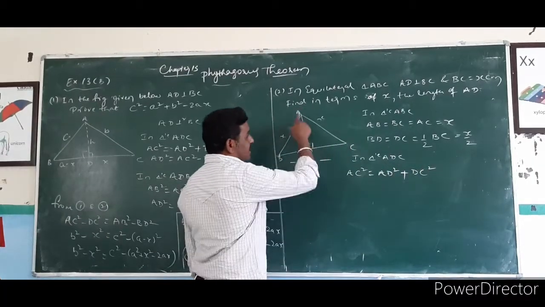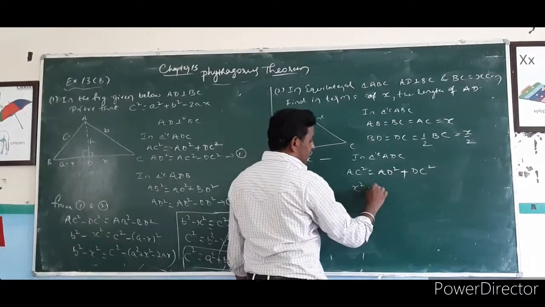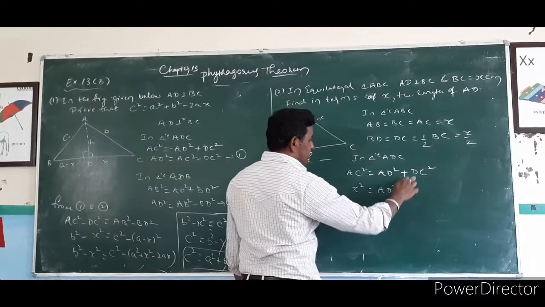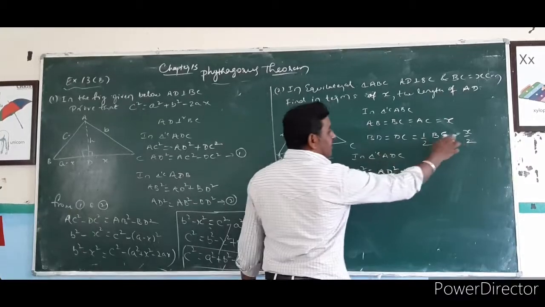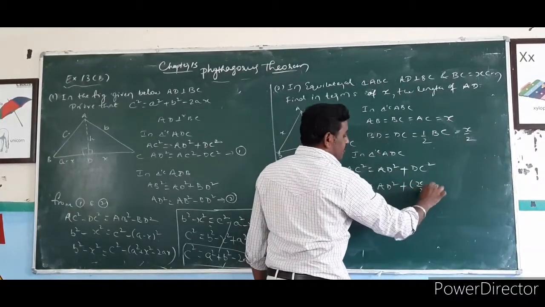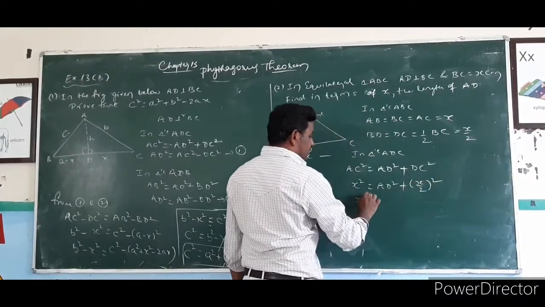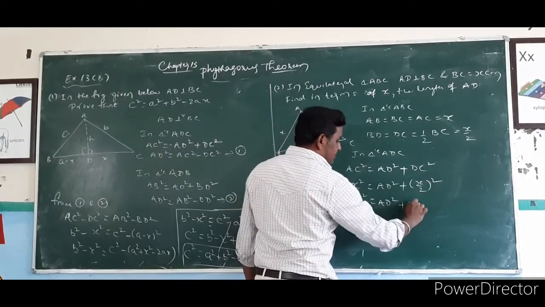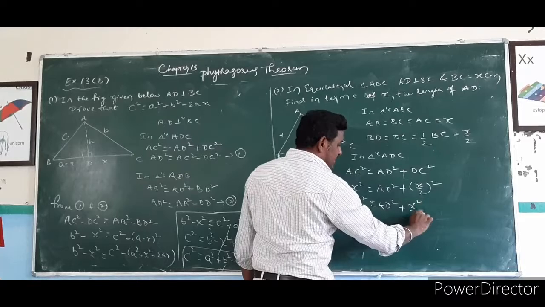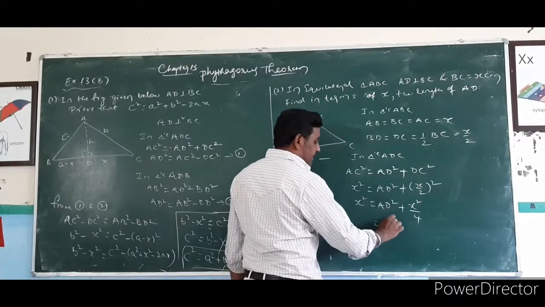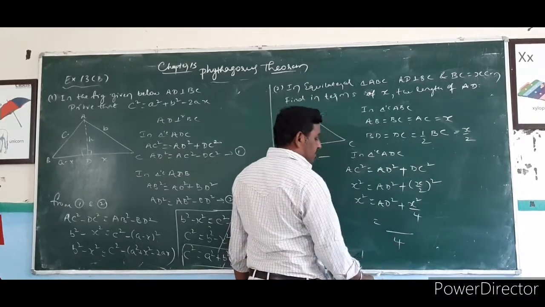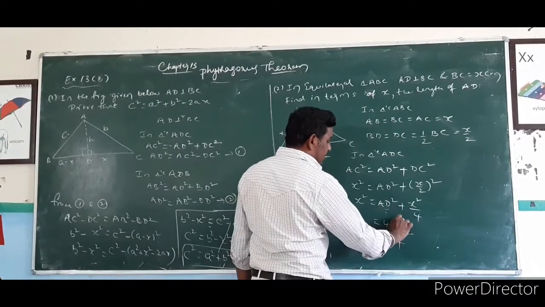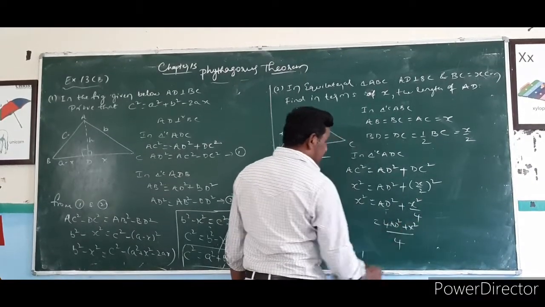AC is x, so x square equals AD square plus DC, which we already found, x by 2 whole square. x square equals AD square plus x square by 4. Take LCM, 4. Cross multiply: 4x square equals 4 AD square plus x square.